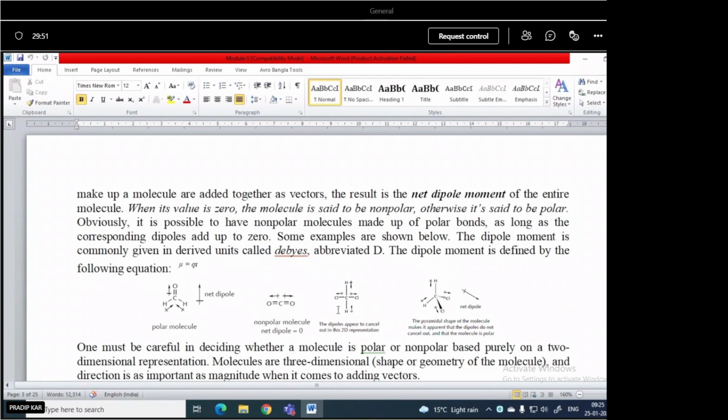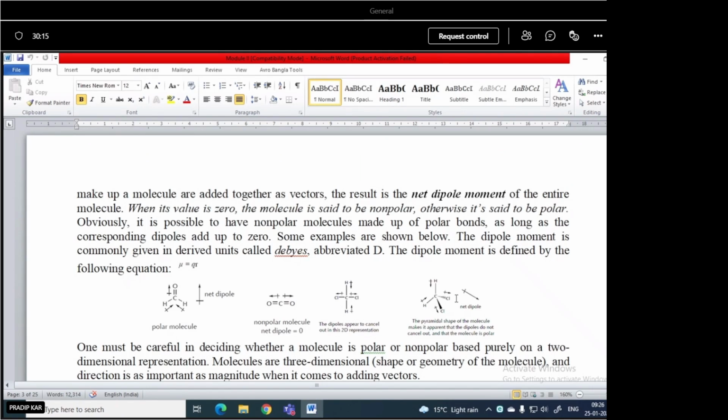If we consider CH2Cl2, you may expect that it should not have any dipole because of this type of structure. But this is not true. CH2Cl2 has a net dipole moment. This is because the structure is not exactly planar.